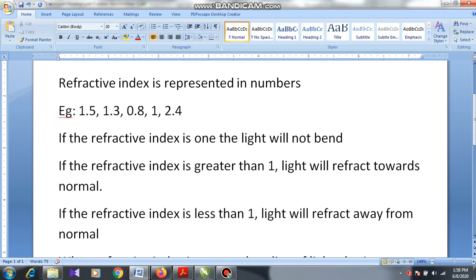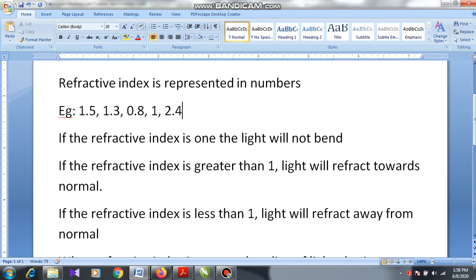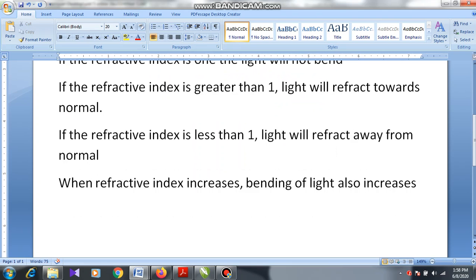If the refractive index is less than 1, light will refract away from the normal. If the refractive index increases, the bending of light also increases.